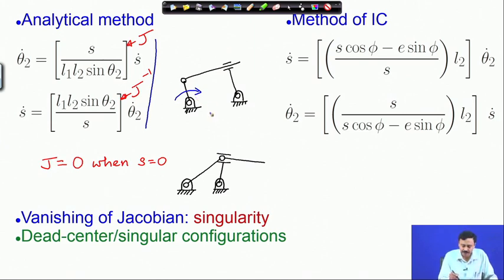When I start rotating the link 2 in the clockwise direction, there will come a situation where this revolute pair will start going into the prismatic pair.